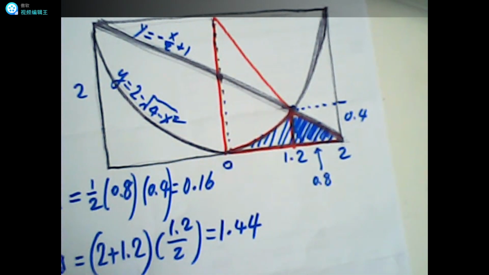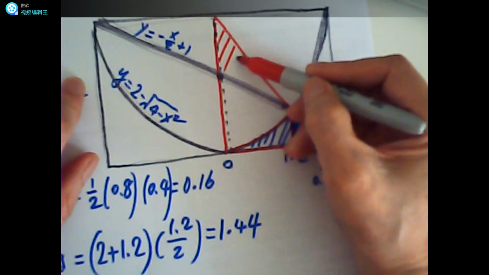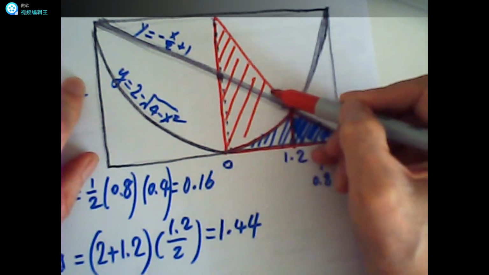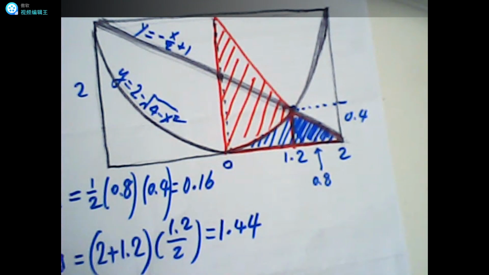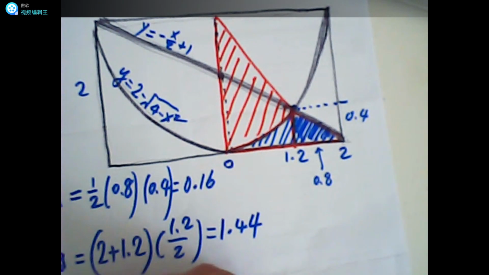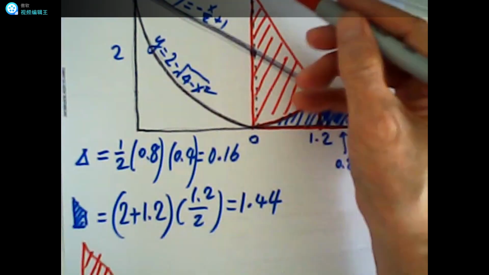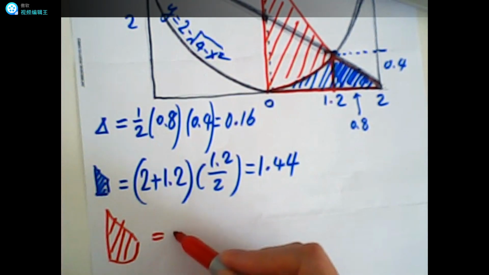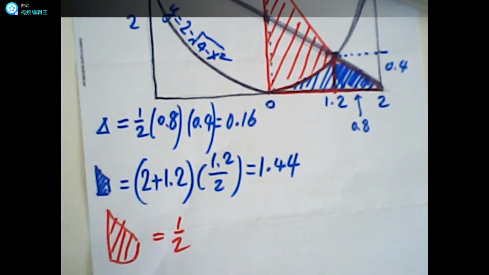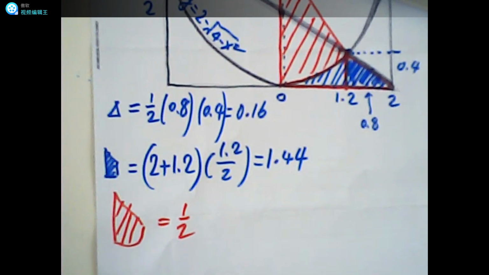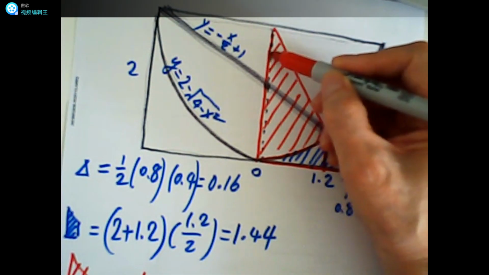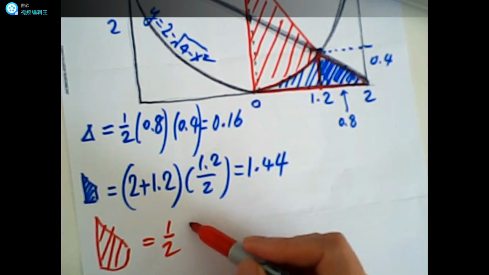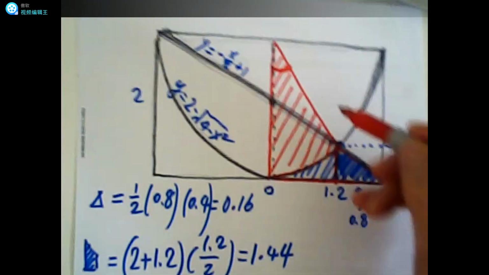Okay. Then also we have this sector. This sector, you know, this sector. The area of the sector is equal to half the angle, right? This angle times the radius.